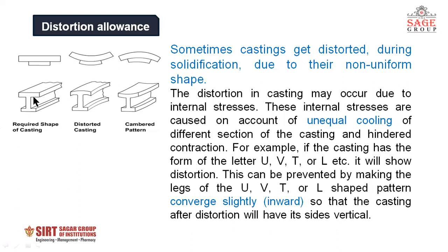If the straight I section takes a curved form, then we make a reverse of it. If it bulges in this form, we make some depression in it. So we have to converge it slightly inward so that after distortion, it will become upright or straight.